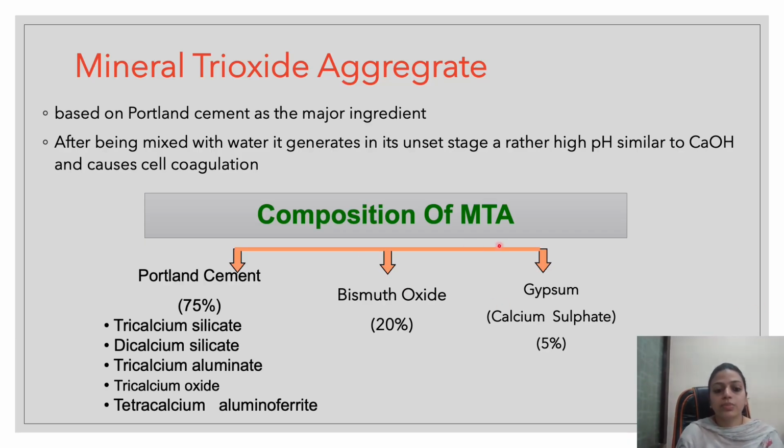The composition of MTA is Portland cement, bismuth oxide, and gypsum. These are the three main components. Portland cement includes tricalcium silicate, dicalcium silicate, tricalcium aluminate, tricalcium oxide, and tetracalcium aluminoferrite.